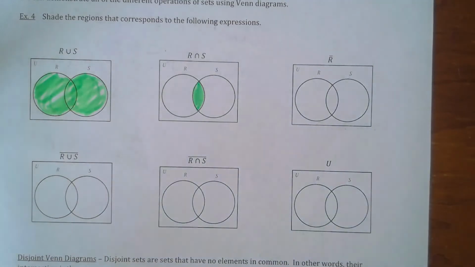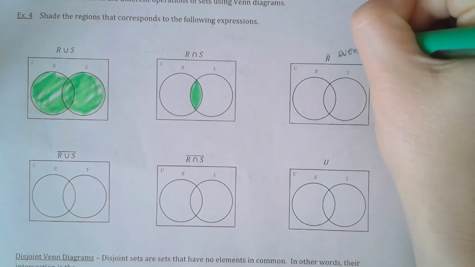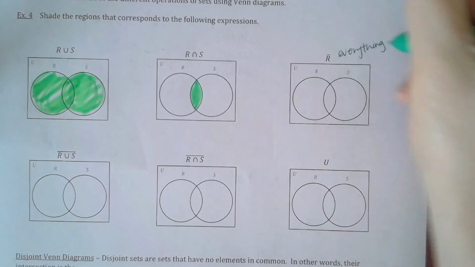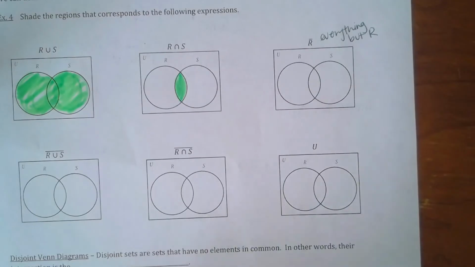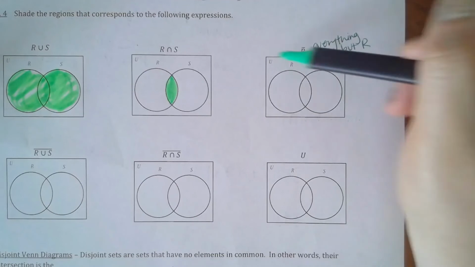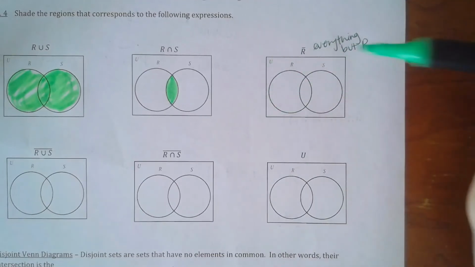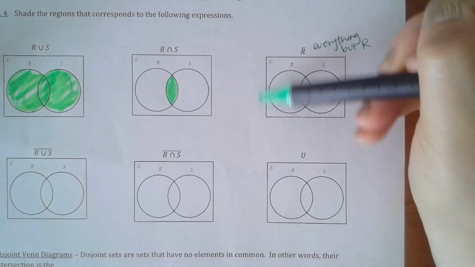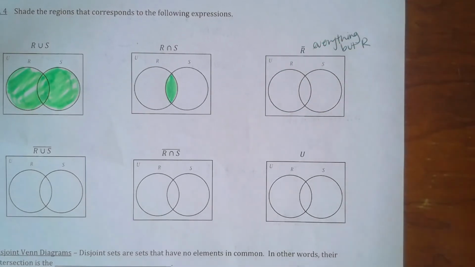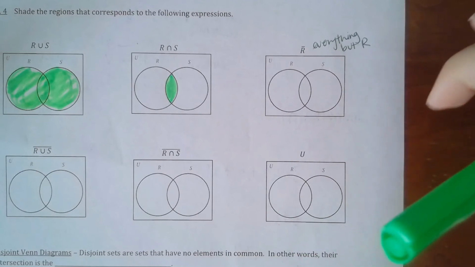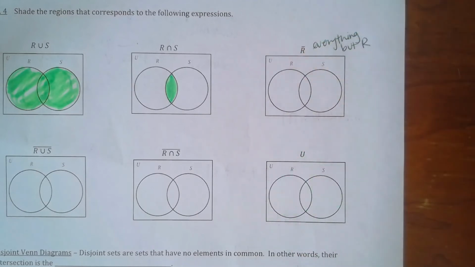R complement is everything but R, whatever's in R. Our whole universal set here, I like to call it the universe because I think it makes sense in that case, is this whole boxed area, and this universal set has things that are in R and in S, and then things that are maybe outside of that part that we haven't really clearly defined yet.